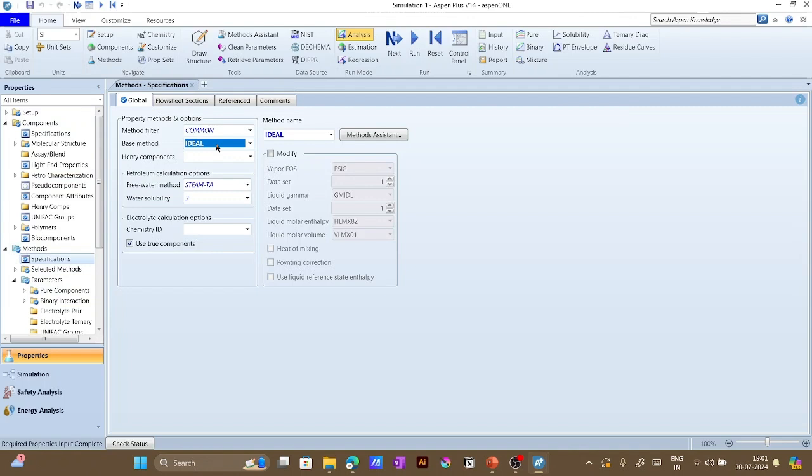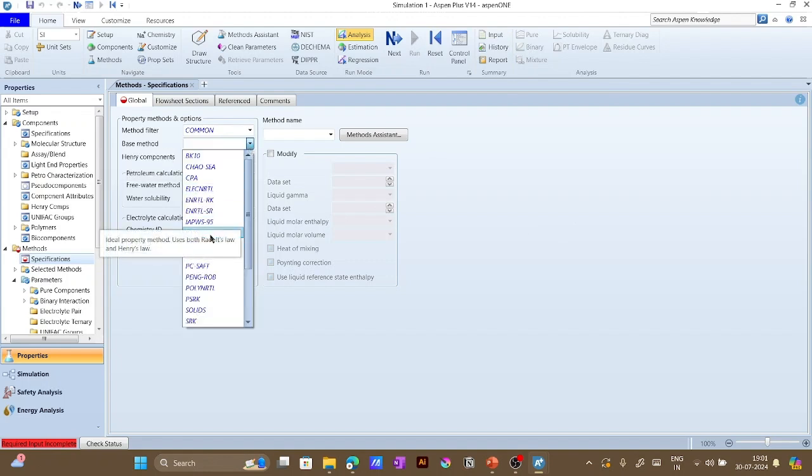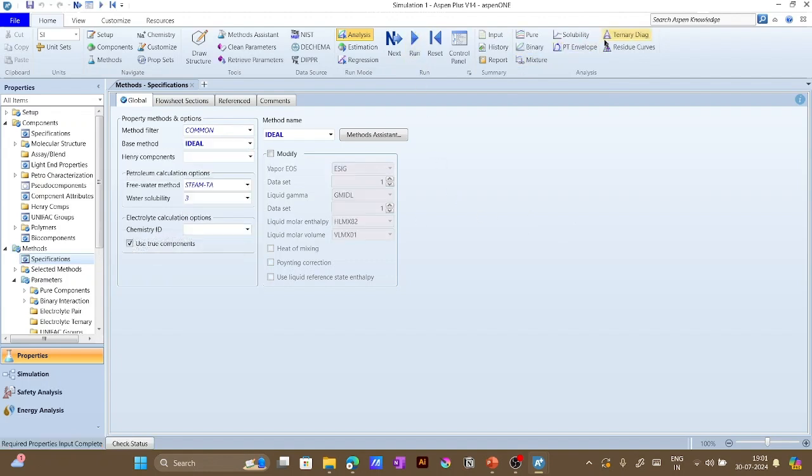Let me see if I can remove it. Yeah, so when I'm not selecting any method, these options are not available right now. But when I'm selecting an ideal model, then I can see these options are now available. So that helps us to analyze the properties of a system.